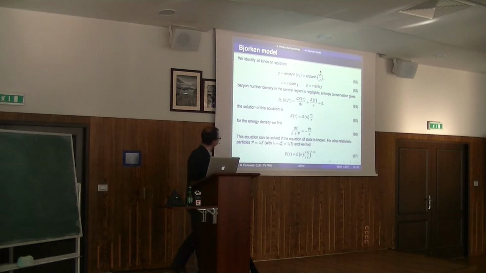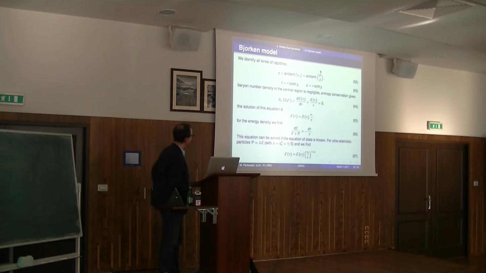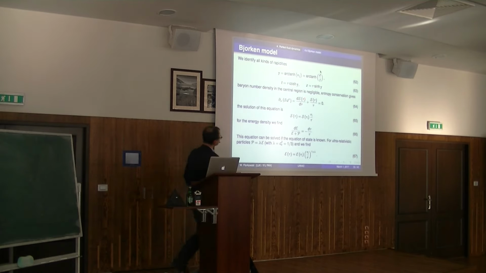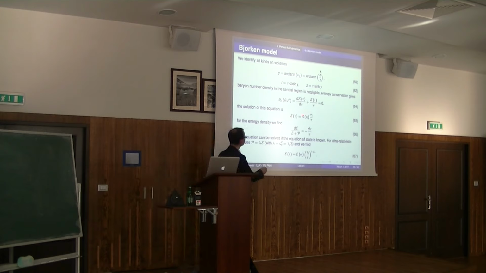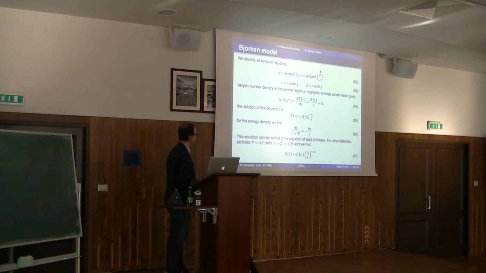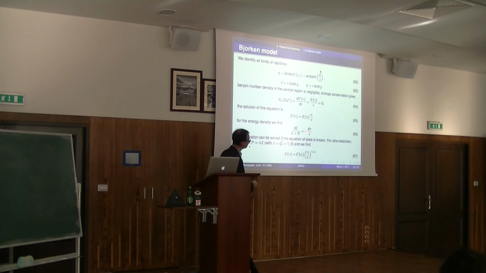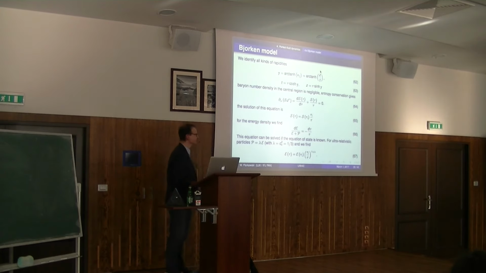This equation already appeared in my first lecture, and it has a very simple scaling solution. So the entropy decreases like 1 over the proper time. If it is conserved for this boost-invariant expansion, the entropy should decrease as 1 over the proper time. And then the energy density fulfills this equation, and this can also be easily solved.